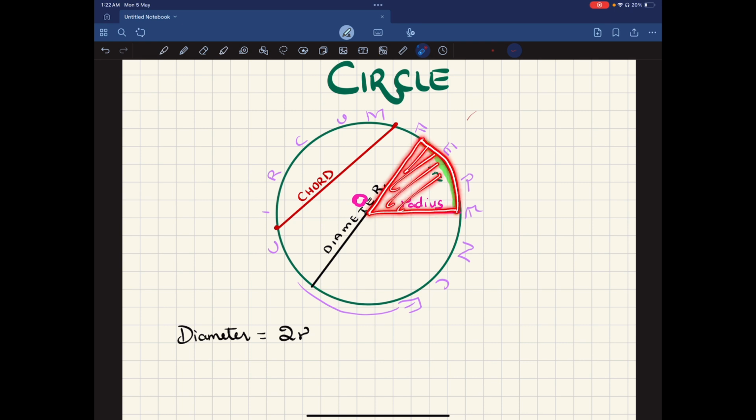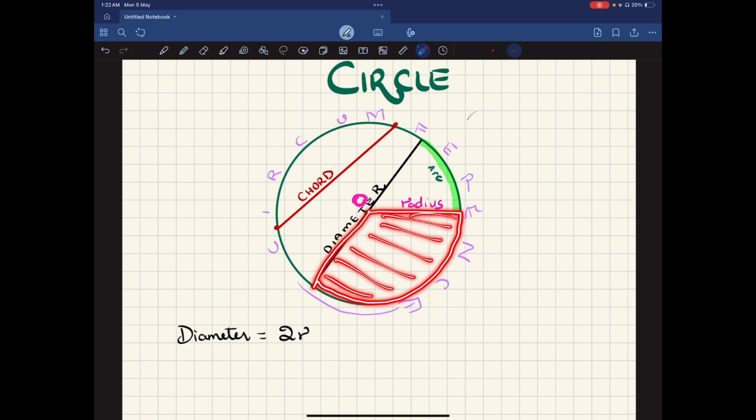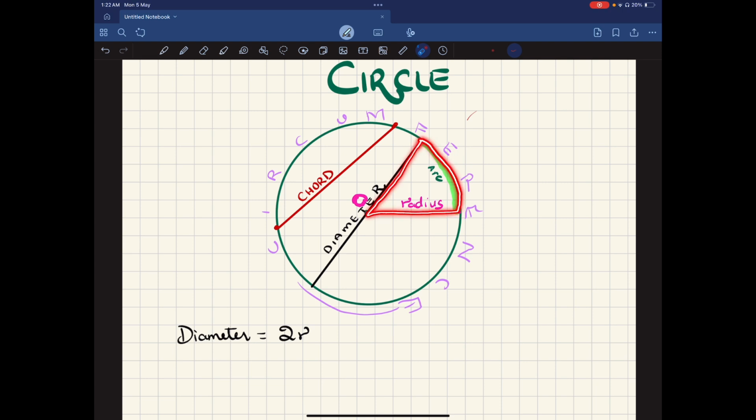So this is a sector. This is a radius, this is a radius: two radii and an arc. As Sir Zan often calls it, you can identify a sector as a pizza slice. A sector looks like a pizza slice, a minor sector.